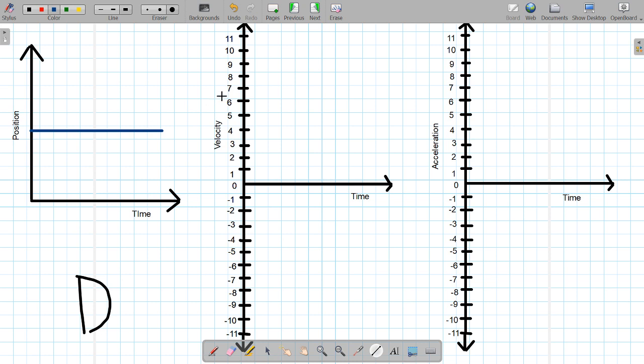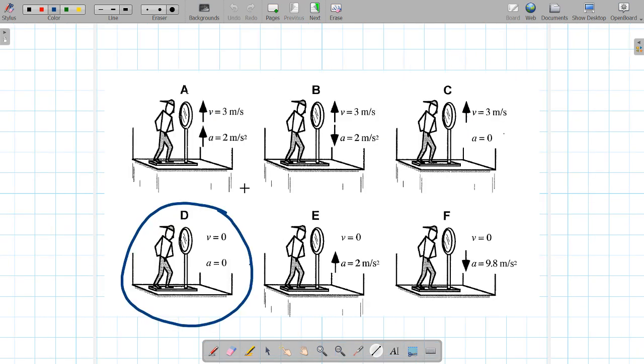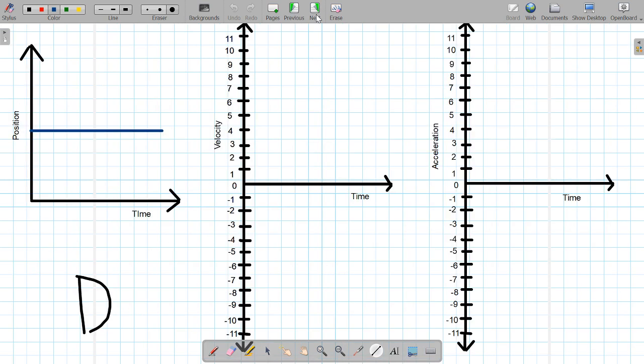Okay, so if we're at rest, that means our velocity is 0. I'm going to come over here and do a nice bold line through 0 velocity.